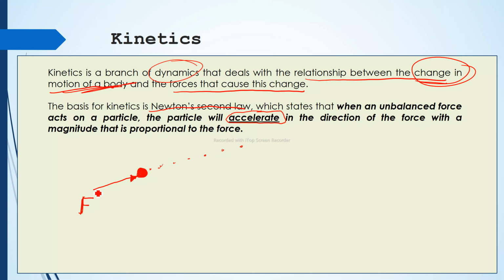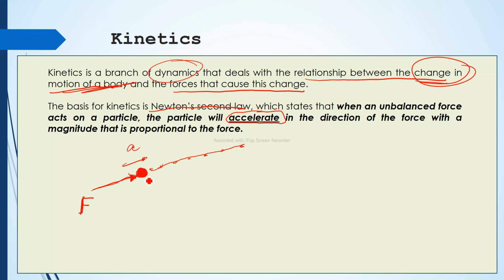So this is our force, and it has a line of action. If the force is applied on a particle, this particle will move along the line of action of our force. It will accelerate in that direction with a magnitude that is proportional to the force.